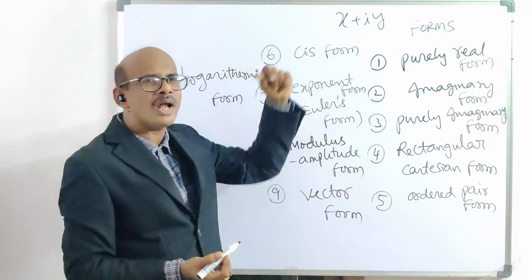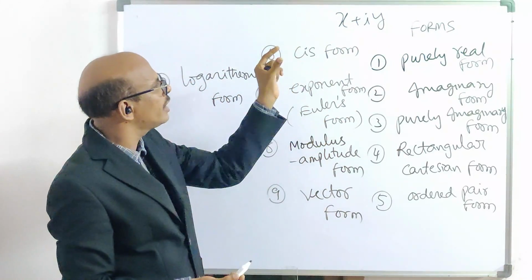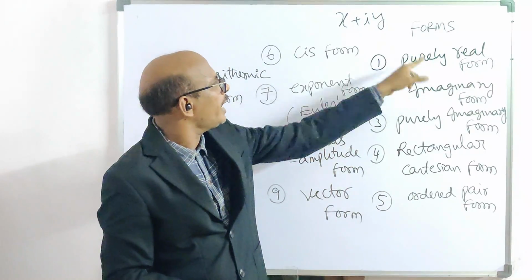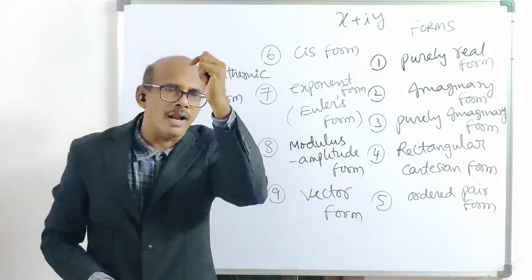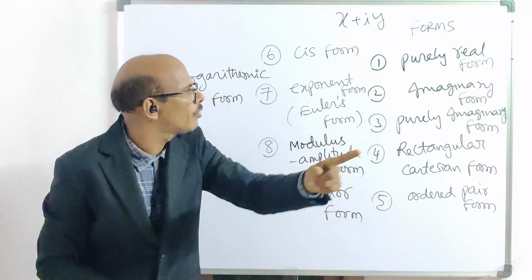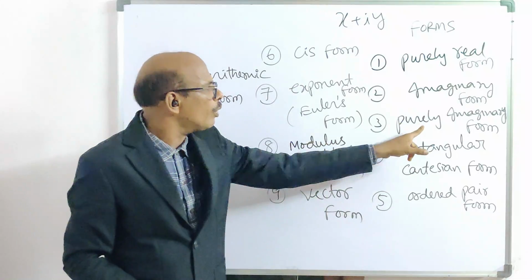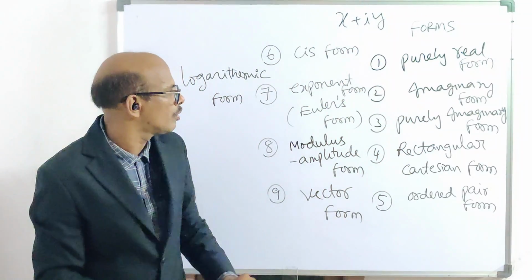Here x is called the real part, y is called the imaginary part, and i is iota. Mixing is called complex form. Purely real means the imaginary part is 0, that is y is 0. Imaginary form means y is not equal to 0. Purely imaginary means x is 0, the real part is 0.